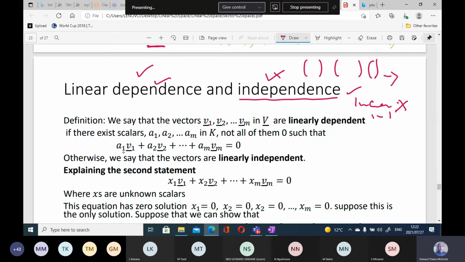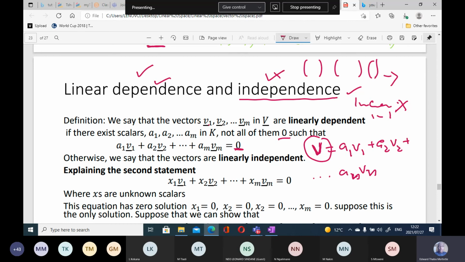If you check the previous one, we proved that V is equal to a1v1 plus a2v2 up to anvn. But in this case, they have introduced a zero vector.